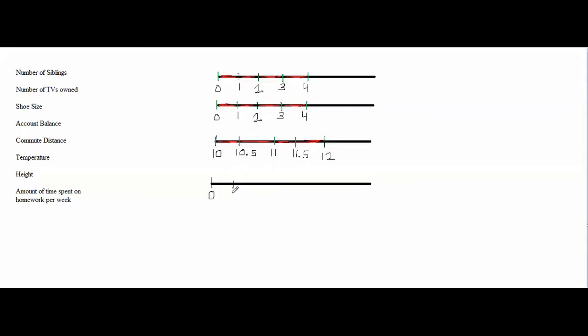Then after that, let's go up to 0.01, which is 1 cent. That's the next highest number that a person's account balance could be. A person's account balance could be 2 cents, or 3 cents, and the possible values would just keep going up. So these are the possible values that a person could have for their account balance.